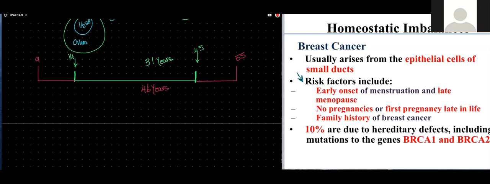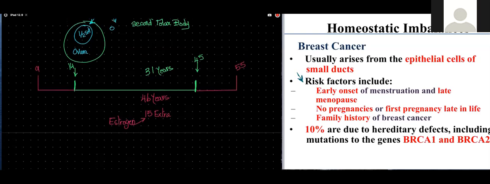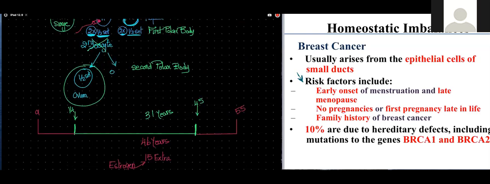So if you notice on here, I've got 15 extra years where this person got exposed to estrogen. And what was the effect of the estrogen on the endometrial lining?